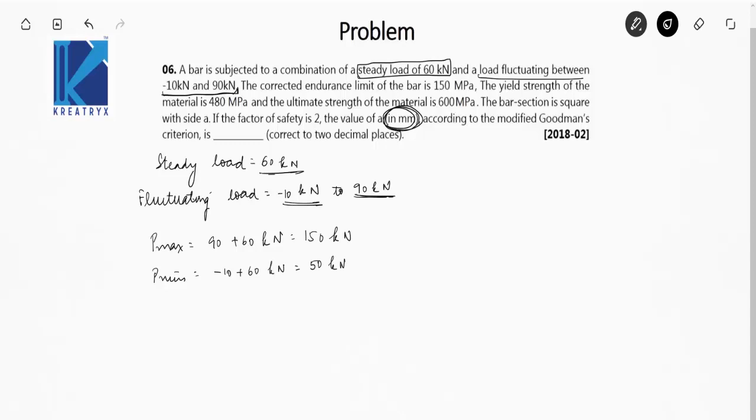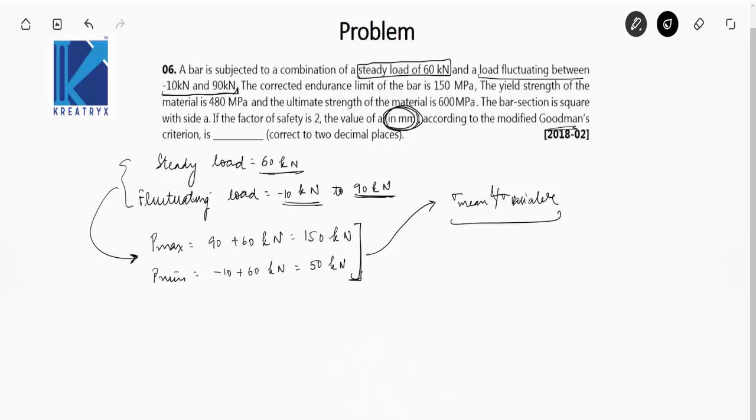Now we can find out the mean stress and the variable stress from this data. From these two, maximum and minimum load, I can find out sigma mean and sigma variable, because these values will be used in the modified Goodman's equation.